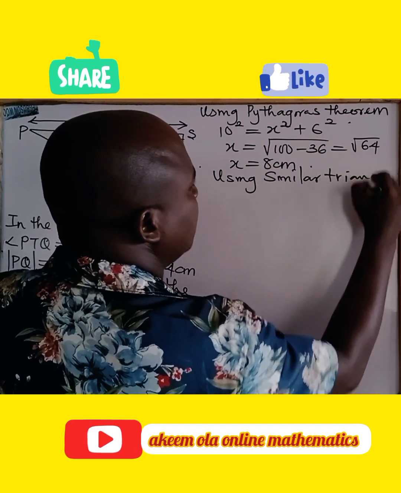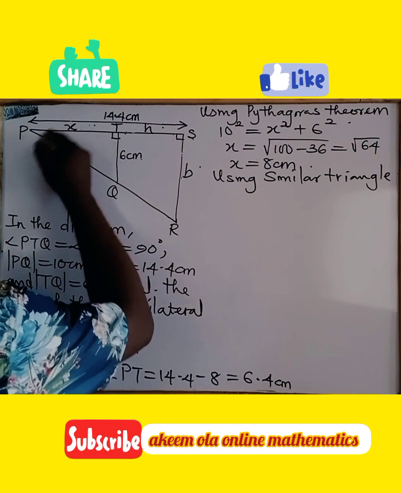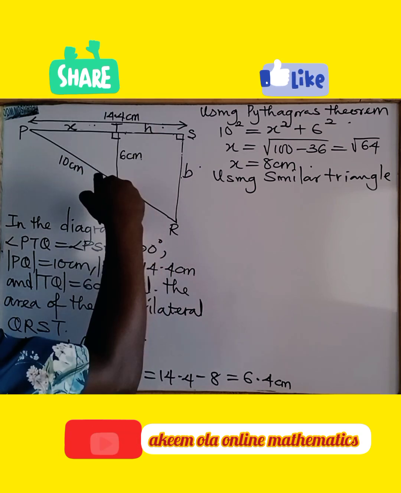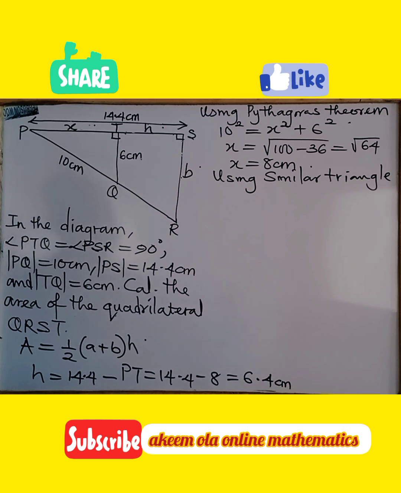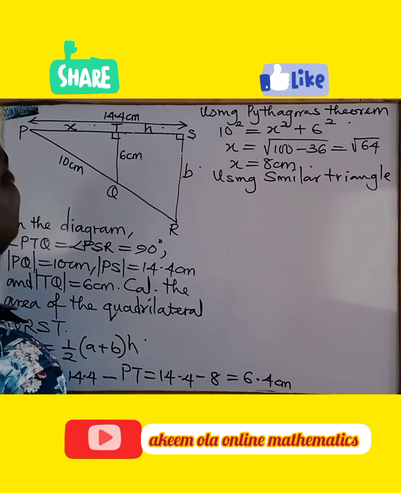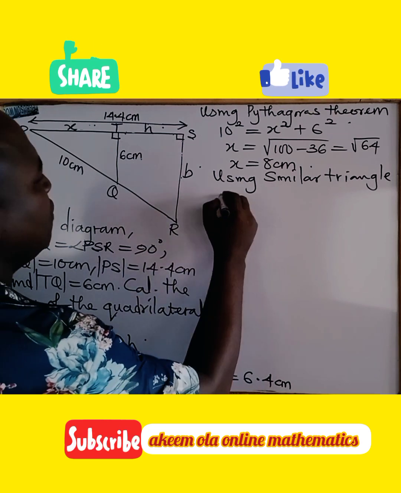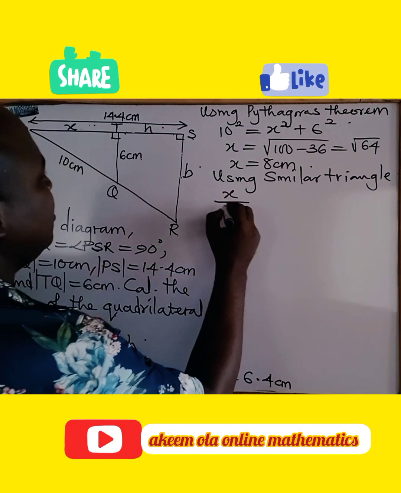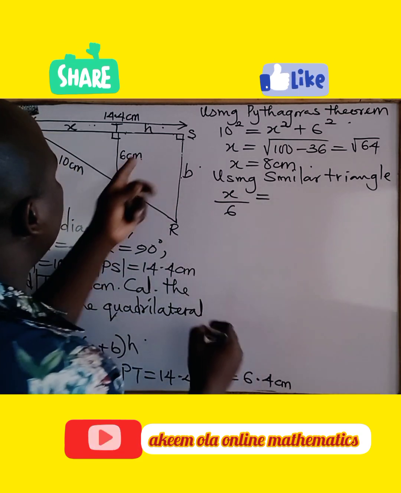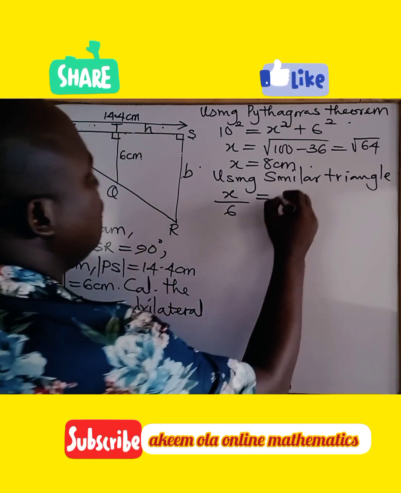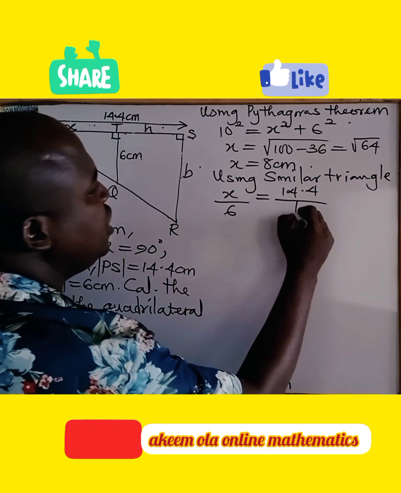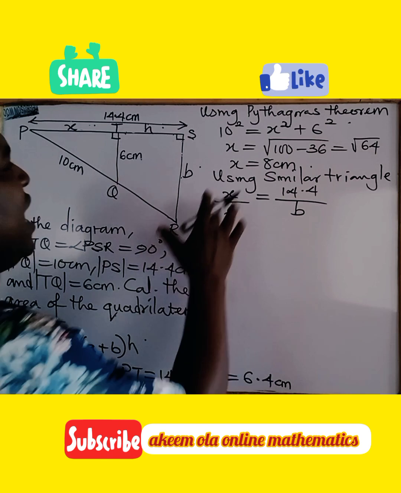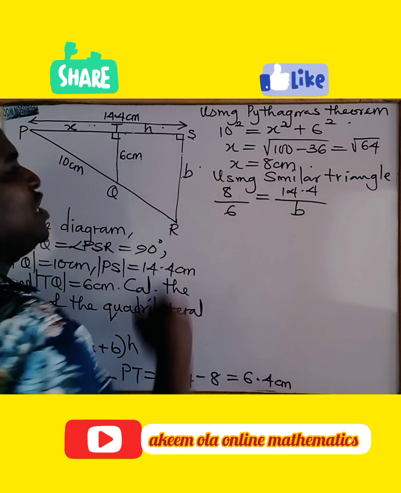If I use similar triangles, that means my PT over TQ will be equal to my PS over my SR. That means I'm going to have X over 6 equal to 14.4 over B. Now I have gotten my X. My X is 8.